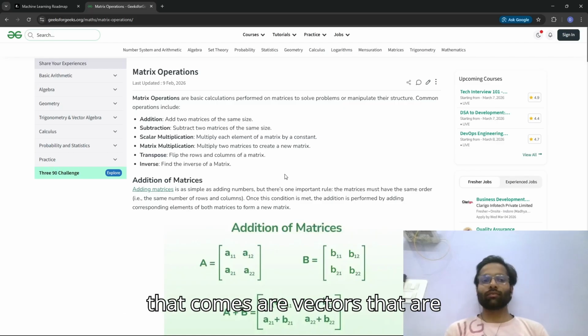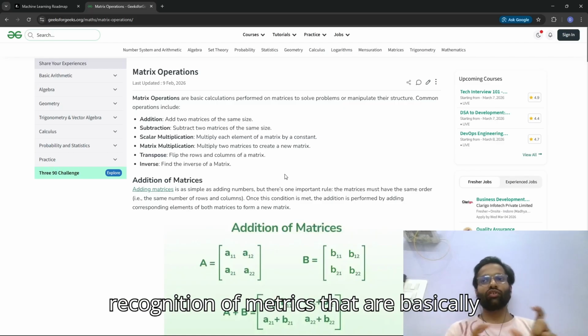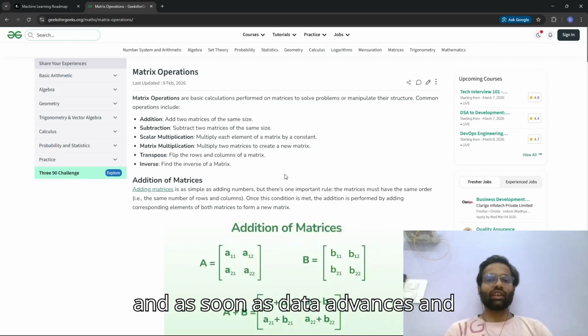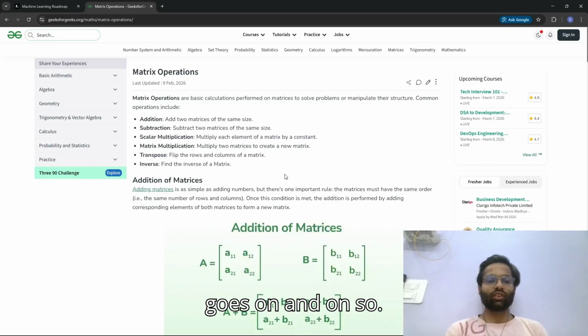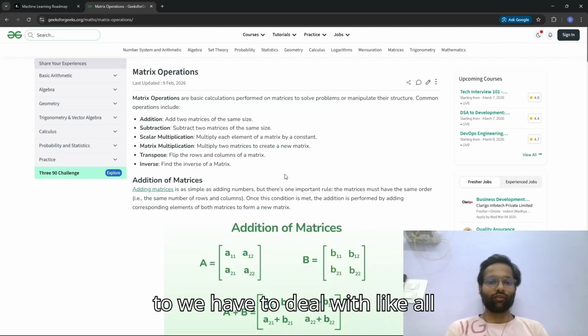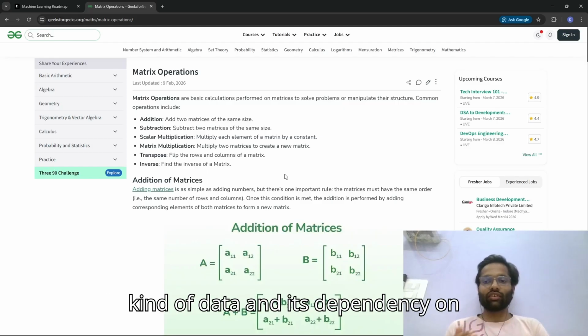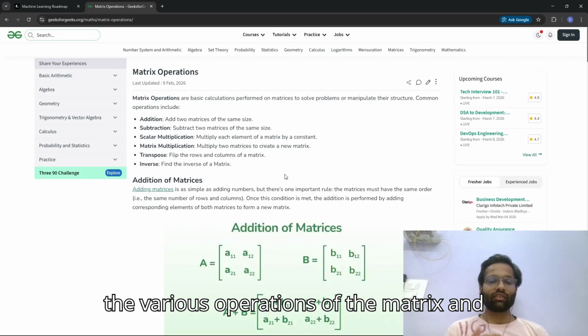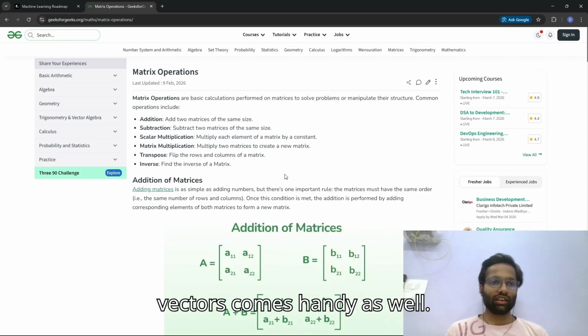The advanced topics are vectors and tensors, which are combinations of matrices that represent three-dimensional, four-dimensional data, and so on. As data advances, when we're training a model, we have to deal with all kinds of data and its dependencies on various aspects. That's where the various operations of matrices and vectors come in handy.